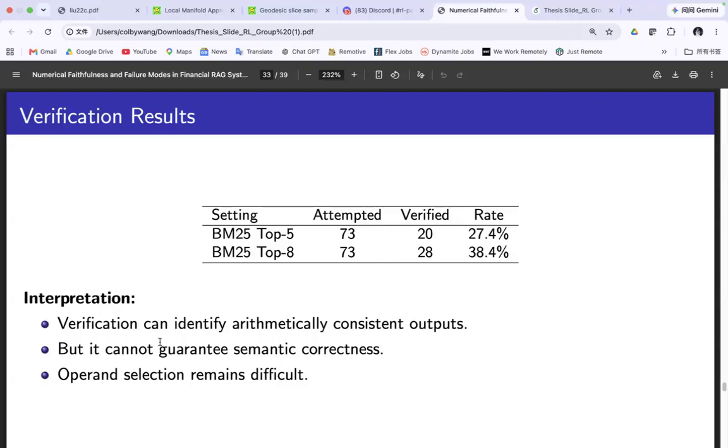Definitely, I think it can also be used in the testing phase of your product. If the metric says the computation is incorrect, we should ask the LLM to calculate again. I think that's a very plausible application.